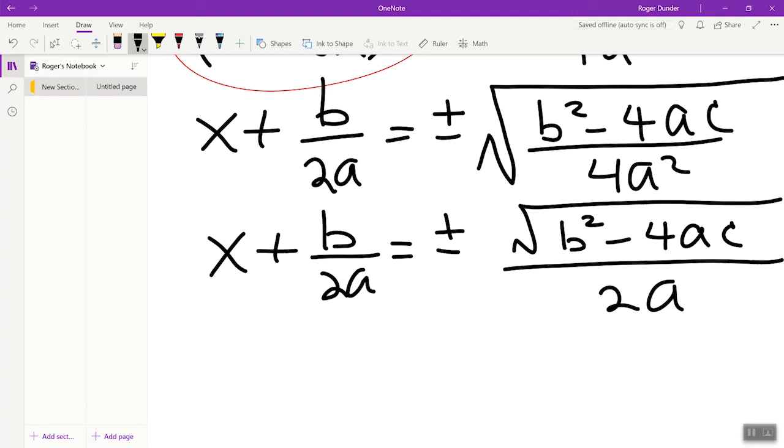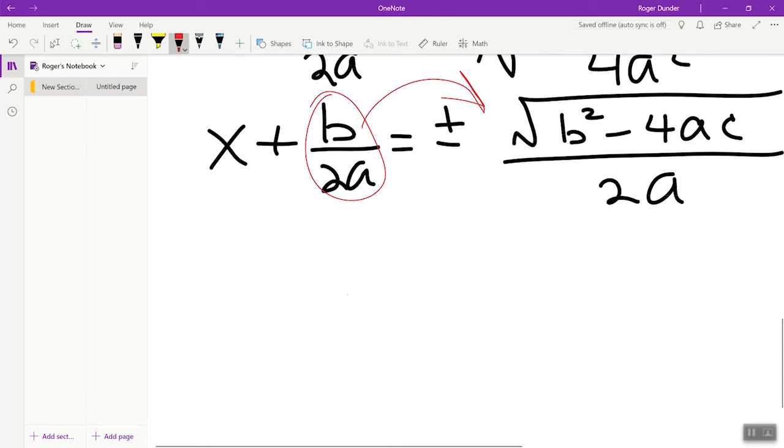And now, the next step in our solution by completing the square is to carry this b over 2a to the right side of the equation. Okay? And of course, we have to subtract it, right?